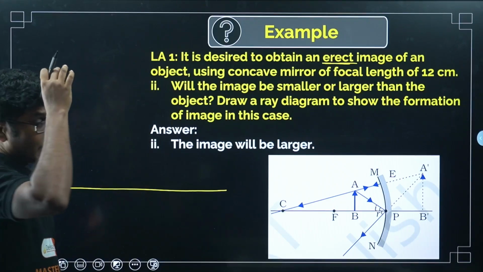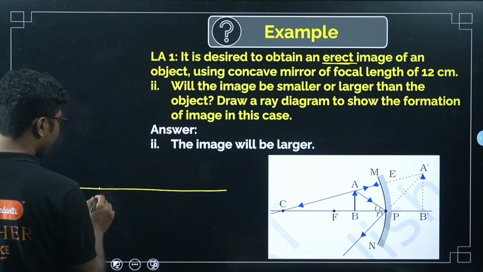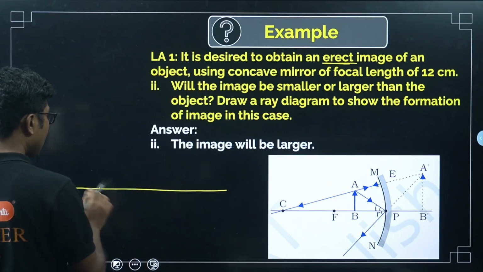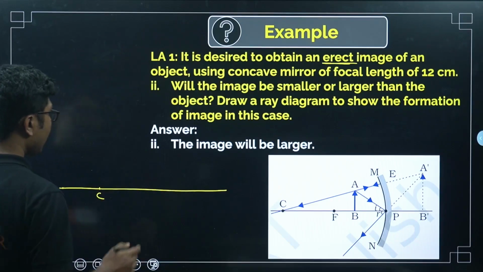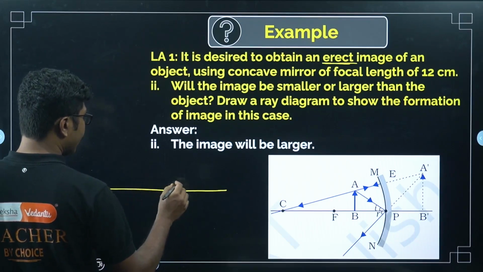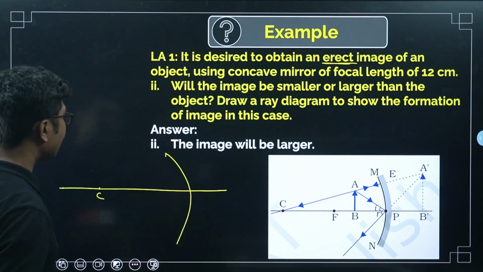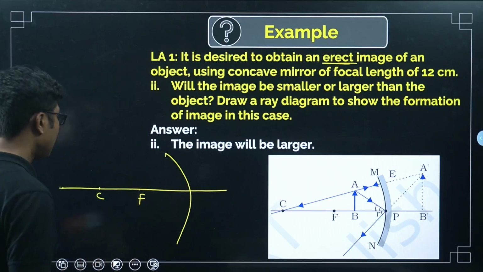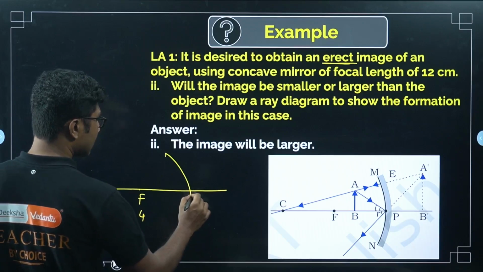But for a concave mirror, try to take the center of curvature somewhere here, in the middle of your page. Now you take 8 centimeter, 8 centimeter, you take the center, you take the focus. So if this is 8 centimeter, this should be 4 centimeter, and this is your pole.